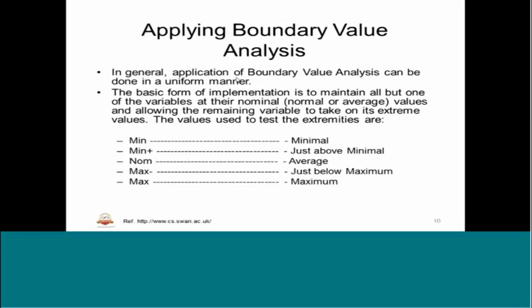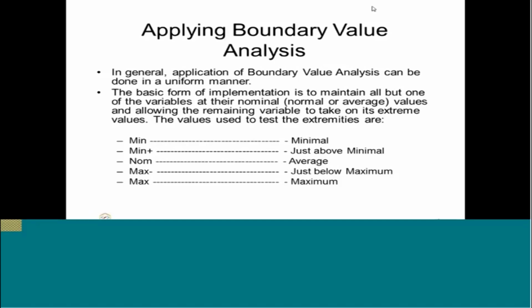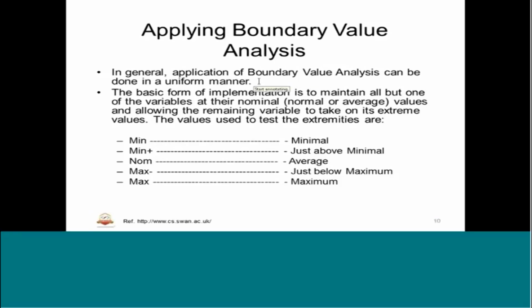Suppose if the requirement is a bit complicated, having numerous inputs and outputs, then better to have a defined truth table. So suggested to have a truth table identifying all the combinations. First identify all the combinations, this is the first step.